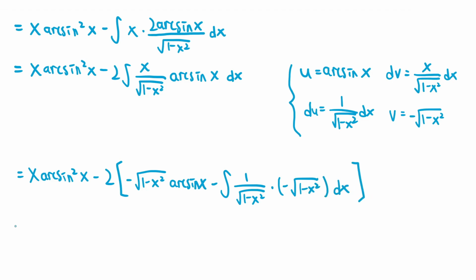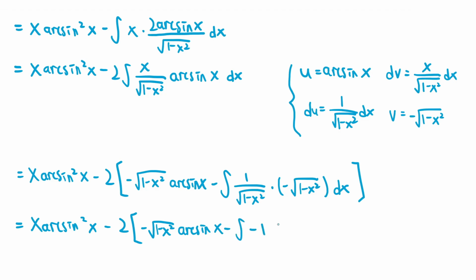We can simplify the expression as x arcsin squared of x minus 2 times parentheses negative square root of 1 minus x squared arcsin of x minus the integral of negative 1 dx, since 1 over the square root of 1 minus x squared times negative square root of 1 minus x squared is just equal to negative 1.